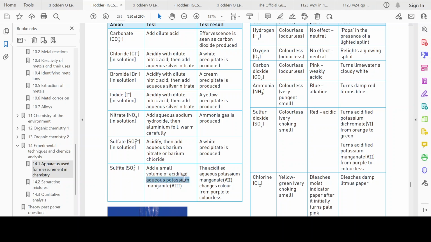Oh sorry, this says 8, this is a misprint, it should be 7. Potassium manganate(VII) is an oxidizing agent, so when you oxidize sulfite, you end up getting sulfate. The fact that it is changing color means it is being reduced itself because it's an oxidizing agent. So that means there was sulfite which could have been further oxidized to sulfate.